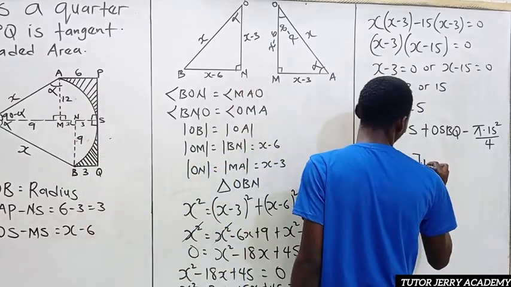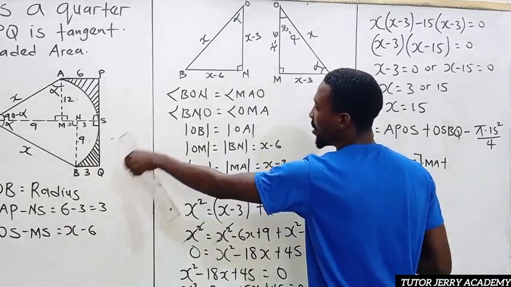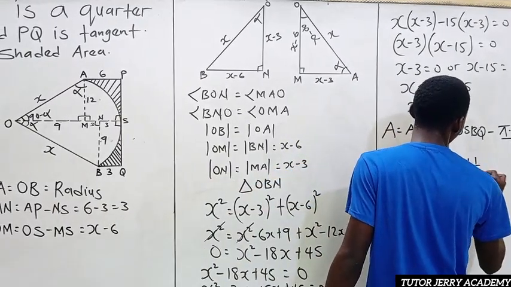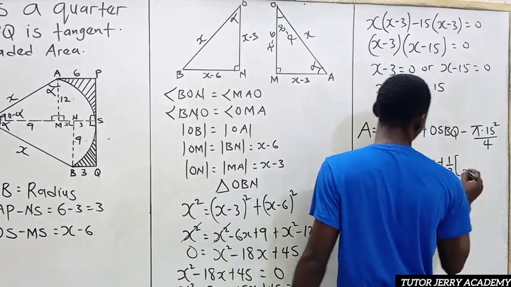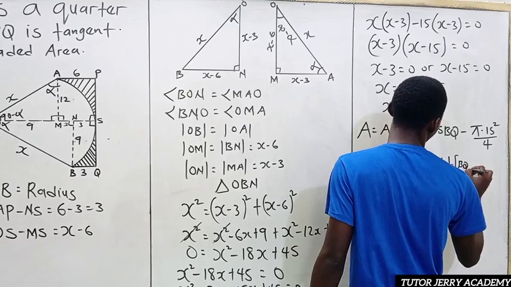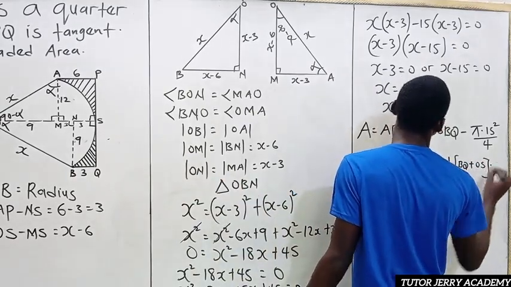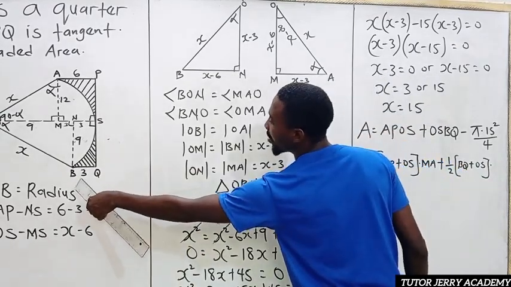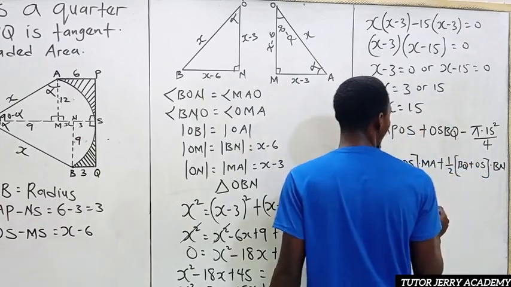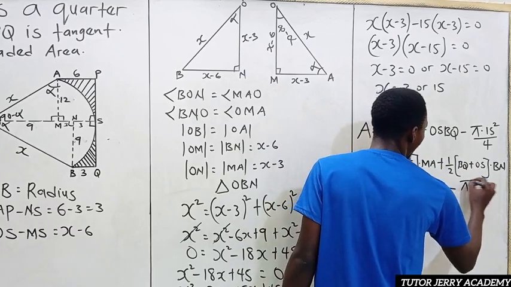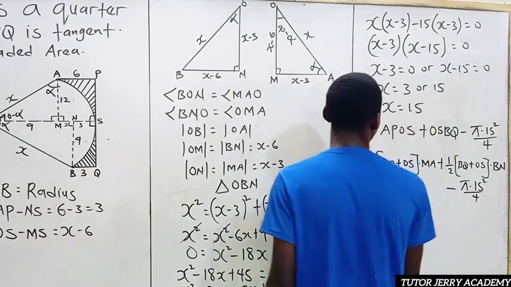Let's use MA. So plus OSBQ, half of the sum of the parallel sides. The parallel sides here are BQ plus OS, multiplied by the height, which is BN. So minus pi multiplied by 15 squared all over 4.